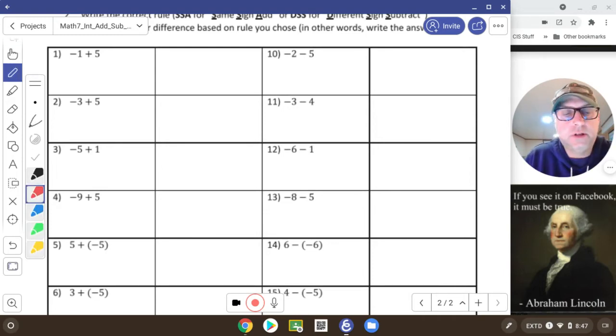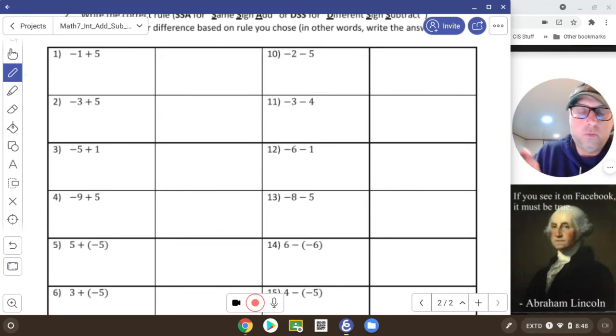What I see is a -1 and a +5. I do not see a double sign. Number two, what's the symbol between? Just a plus in the middle. Nope. Number three, -5 + 1, just a single plus. Nope. Number four, -9 + 5, single sign, no problem.